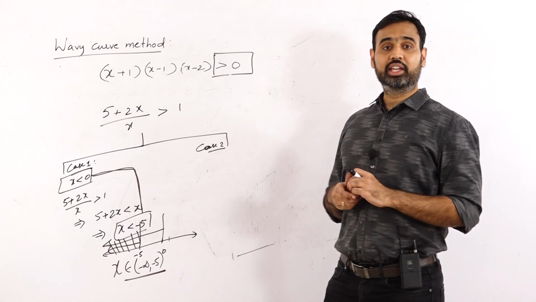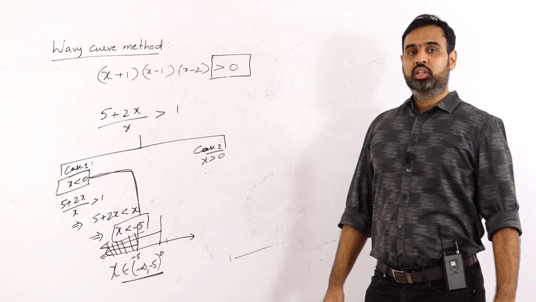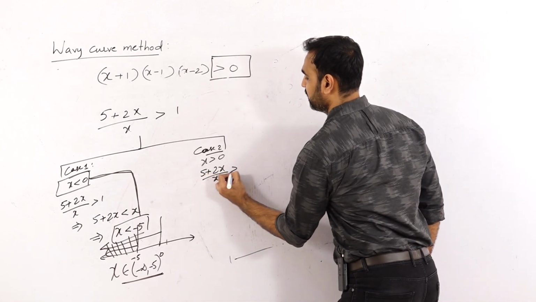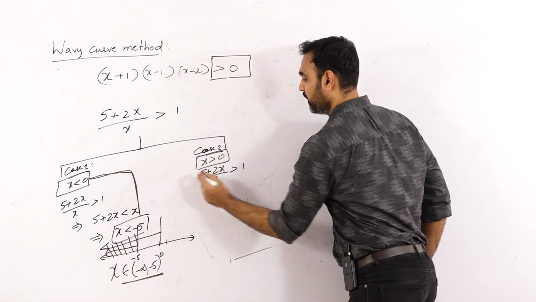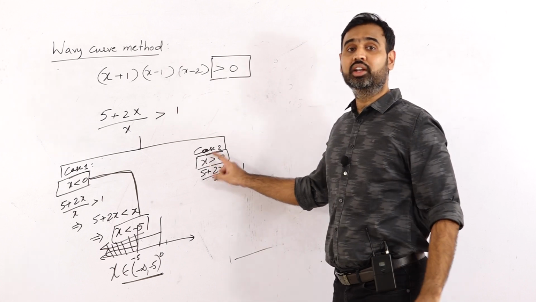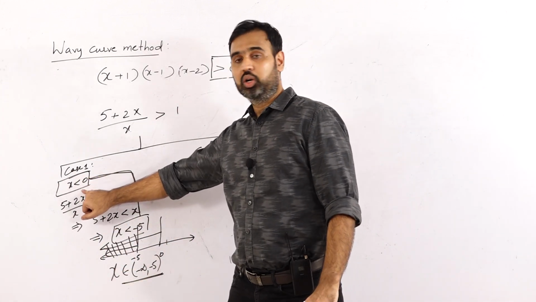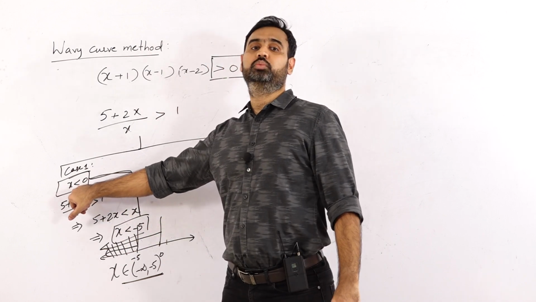Now let us come to the second case, x greater than 0. Now what happens when x is greater than 0? (5 plus 2x) by x is greater than 1. X is a positive value. So we are solving this entire inequation on the basis of this condition. All this is true only when this is true.